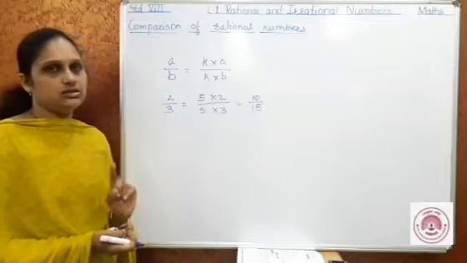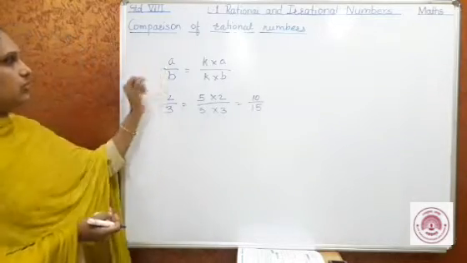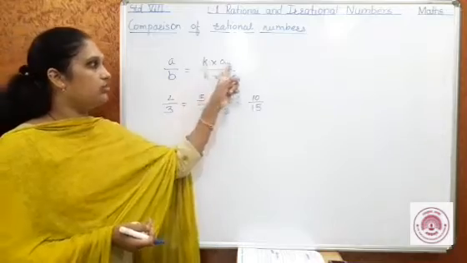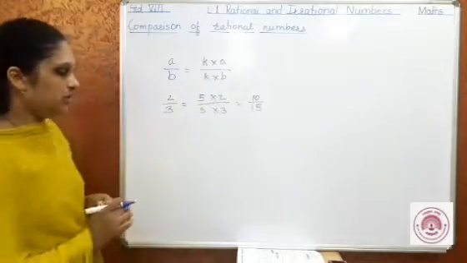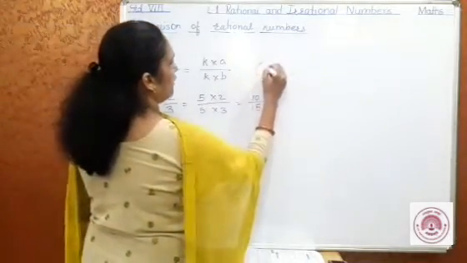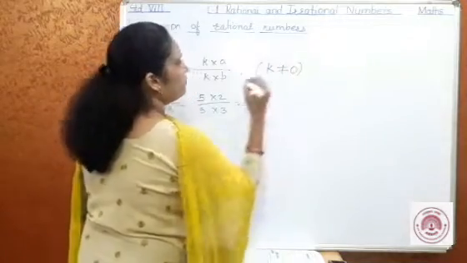It remains the same. So the rule is: a upon b equal to k into a upon k into b. Here it is very important that k should not be equal to 0.